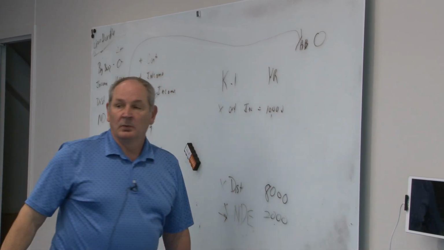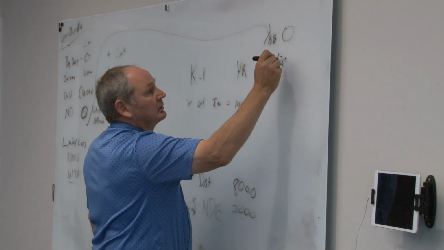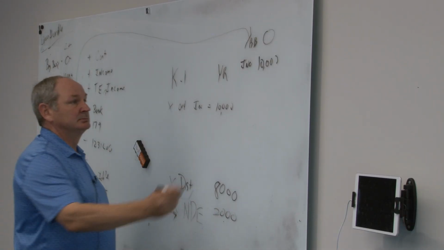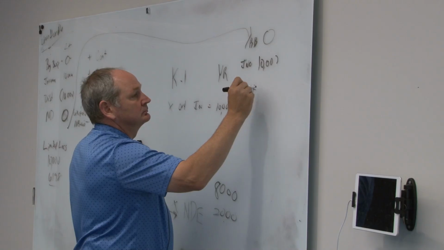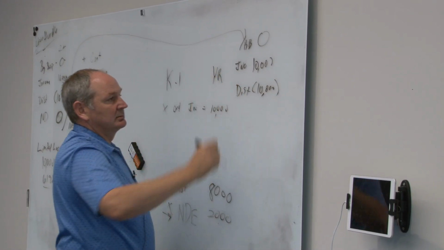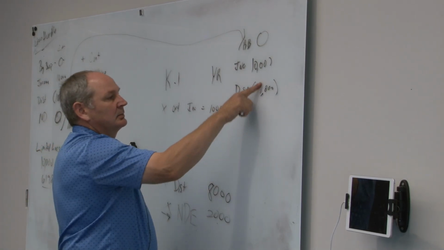Beginning basis is 0. What's my ordering? Income. How much is my income, Lane? 10,000. What comes next? Distributions. 8,000. Yep, sorry. Thank you.